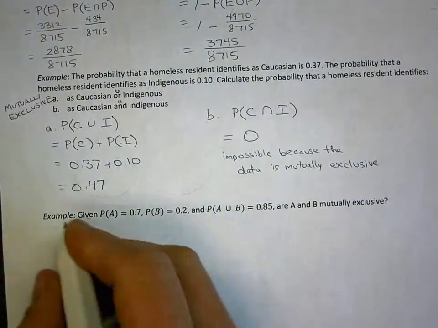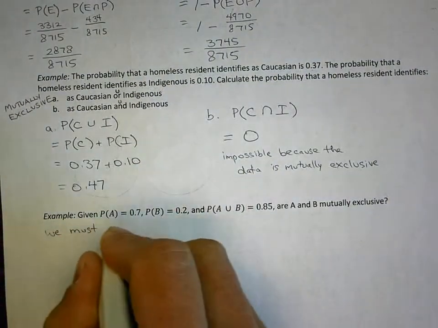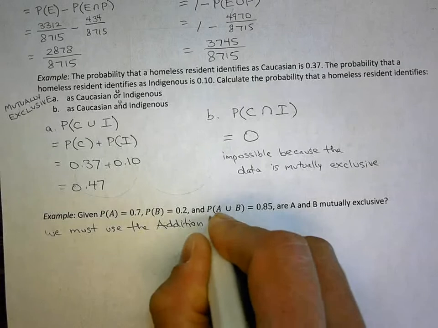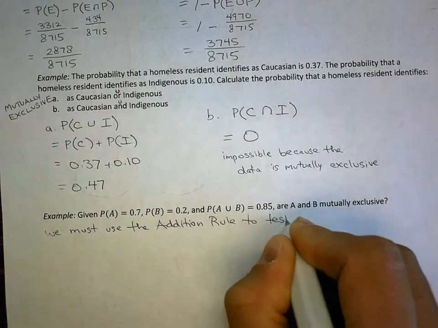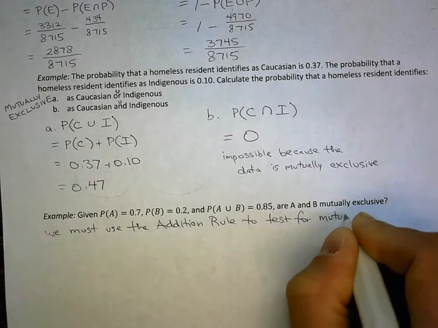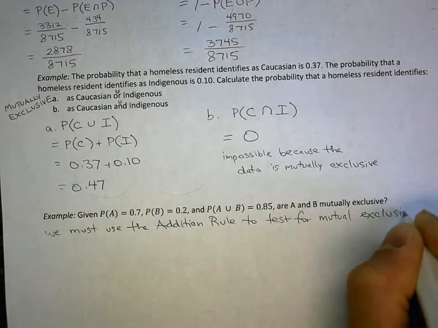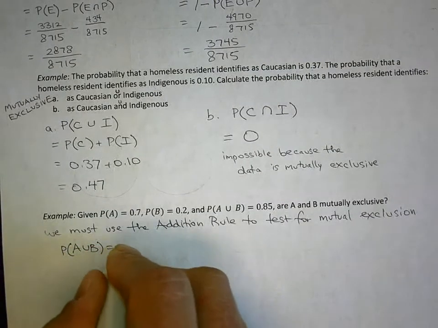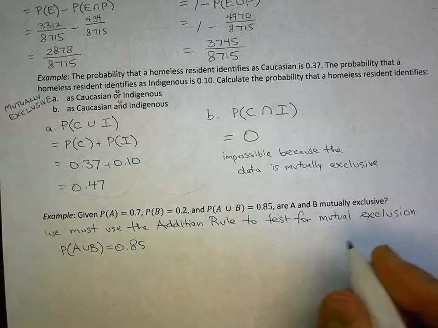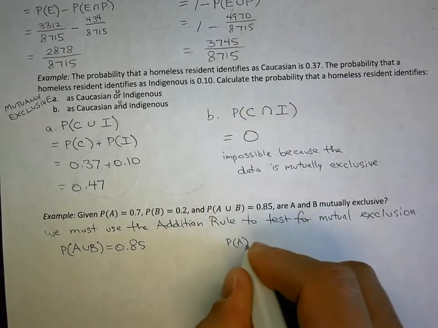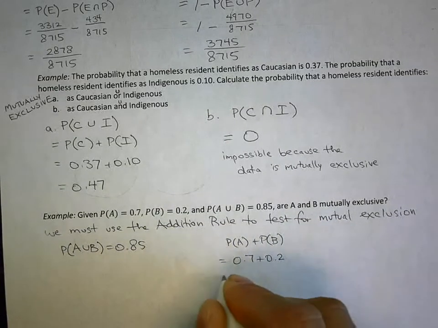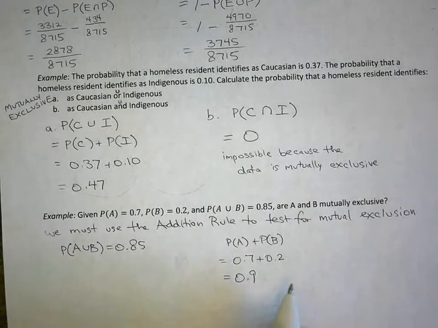So, to prove this, we must use the addition rule to test for mutual exclusion. So we know the probability of A union B is 0.85. Okay, let's look at the probability of A plus the probability of B. That's 0.7 plus 0.2. That gives me 0.9. Okay, now look at this.